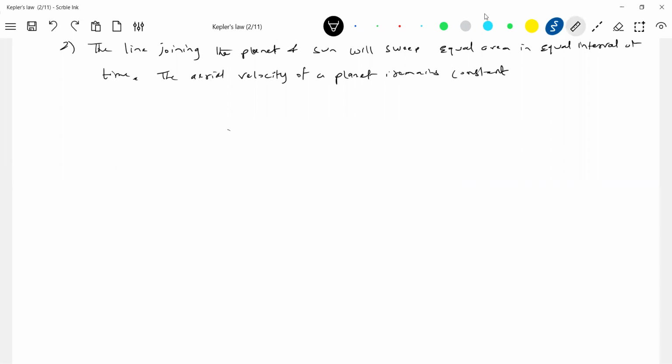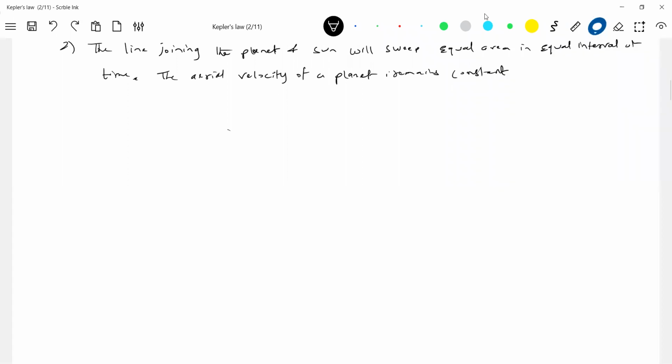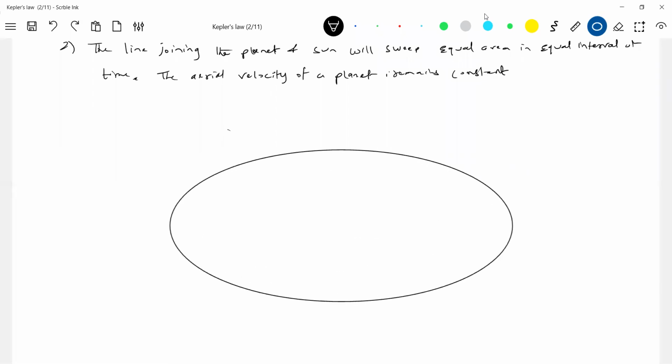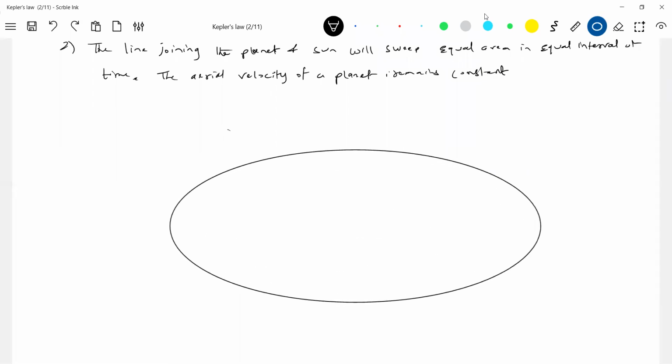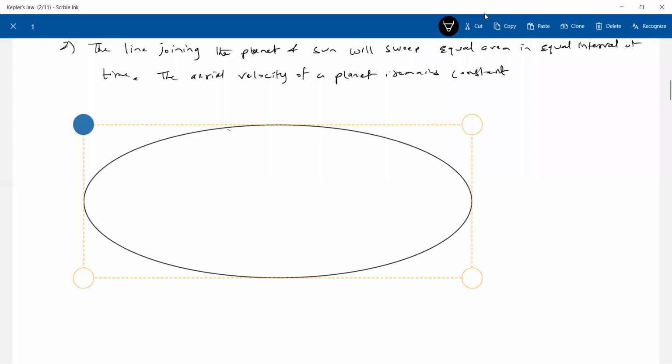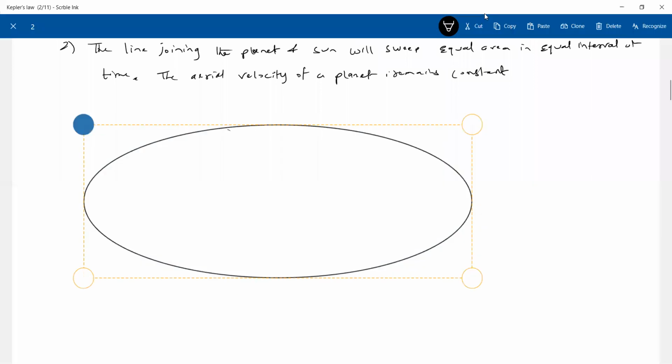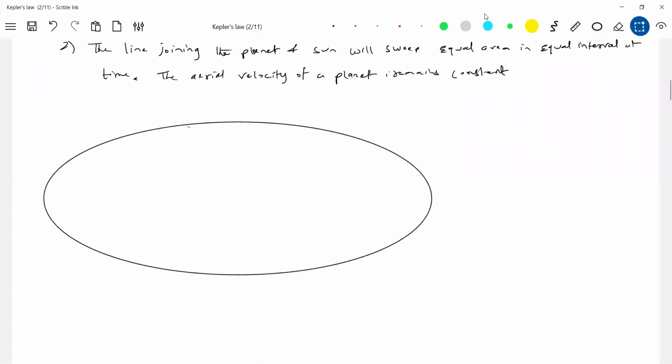Okay, I think we have an ellipse in our diagram. This is the semi-major axis, with the sun at one of the foci.